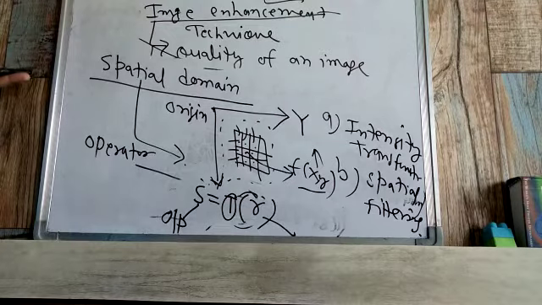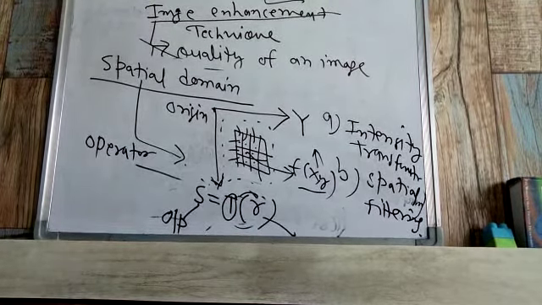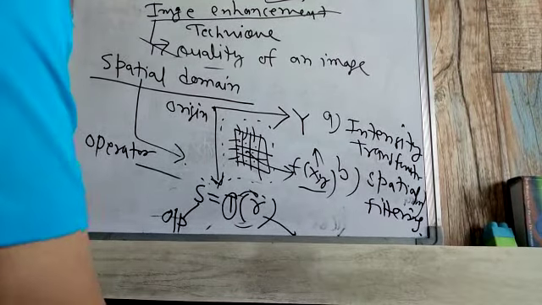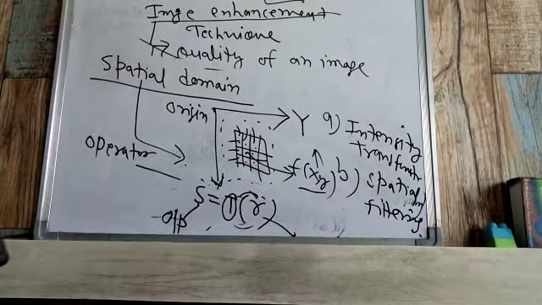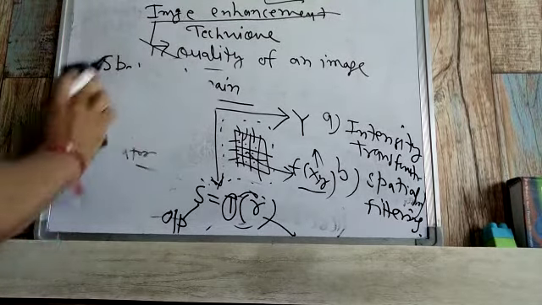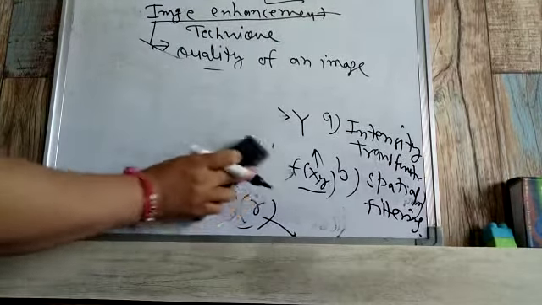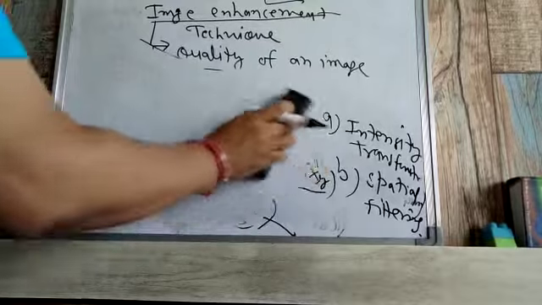Now we will see how the operator T can change the intensity, or how it can manipulate things in the spatial domain. Two things we will see right now: one is known as contrast stretching, and another concept is known as point processing.